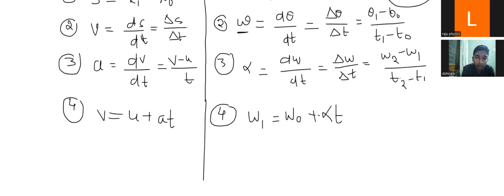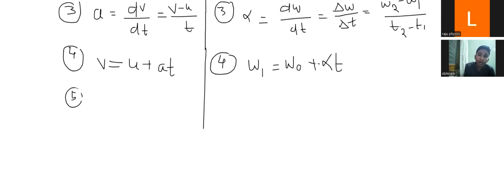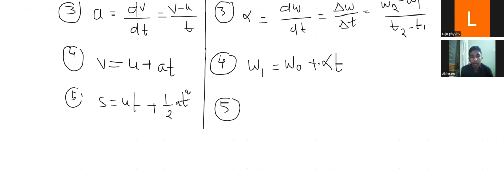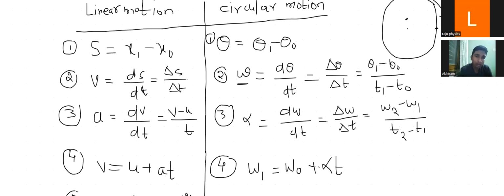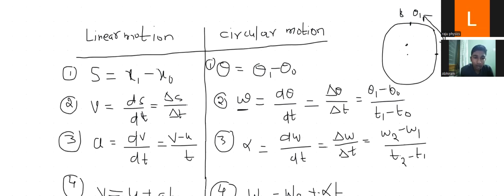Now, what is one more formula in linear motion? S equals ut plus half at square. This formula also converts into rotatory motion. S is the distance in linear motion, and the distance in angular motion is theta.